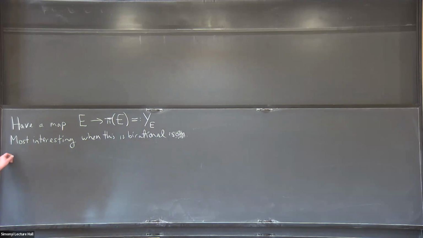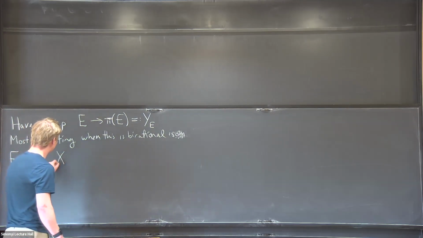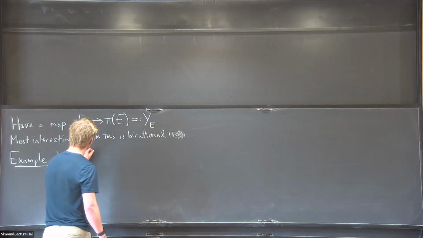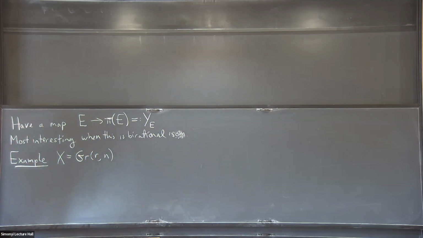Okay, so here's an example. X is going to be the Grassmannian of r-dimensional subspaces of C^n.